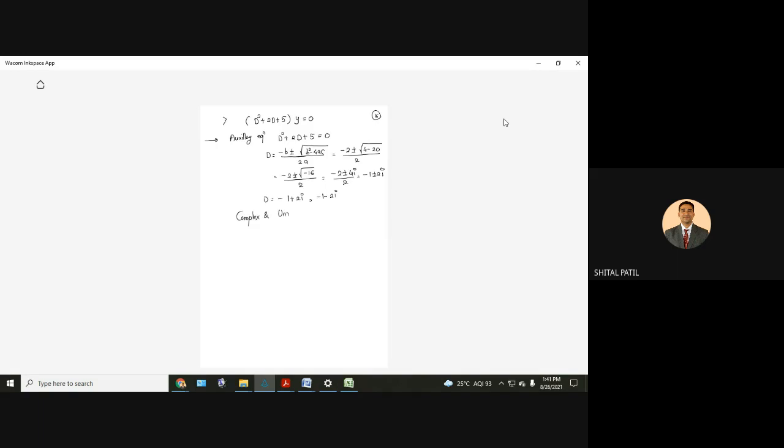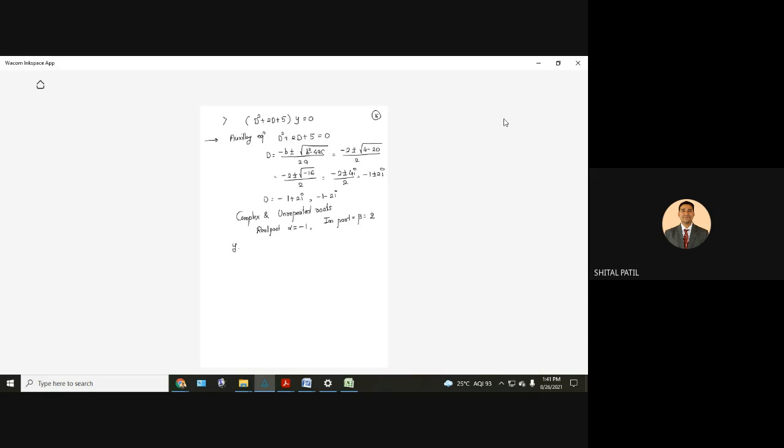Complex and unrepeated roots. Real part alpha is minus 1. Imaginary part beta equal to what? Now you may wonder whether we have to take 2 or minus 2. So it is better to take positive value.